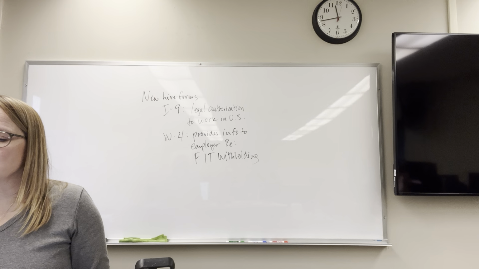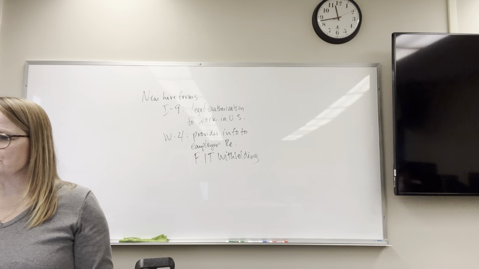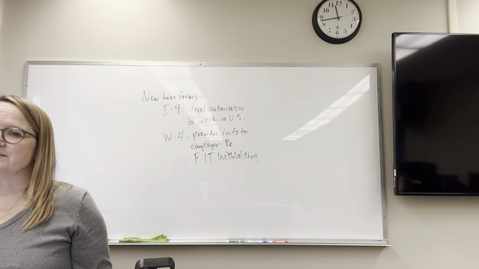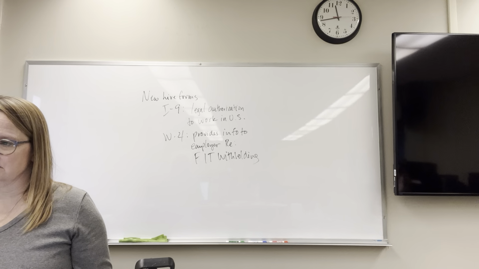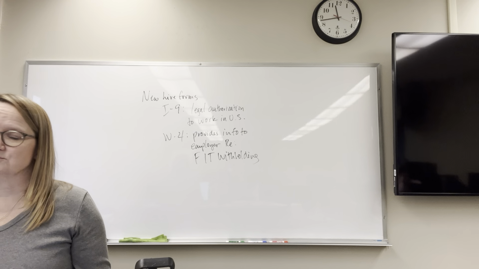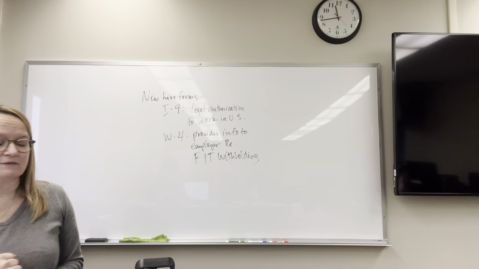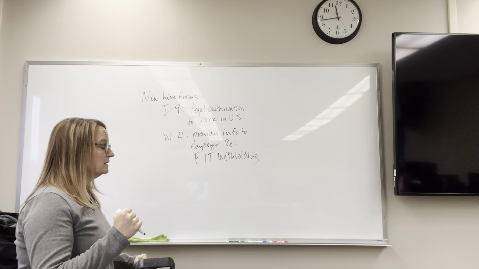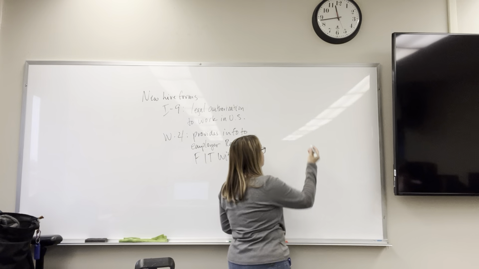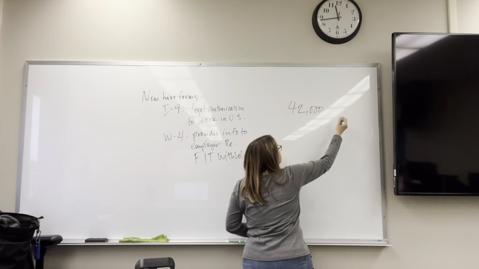So, can you determine the hourly rate for a salaried person if they are paid twice a month? If we have somebody who has a salary, we'll keep it easy here, make it easy.